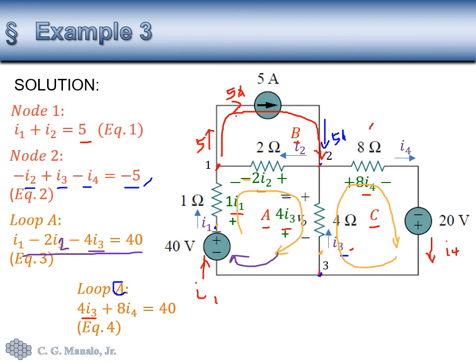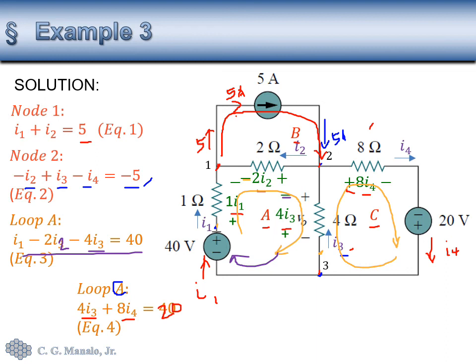Next we go to 8 ohms, we encounter the plus sign there, so we have 8I4, and then we encounter the negative sign of 20 volts, so minus 20, and then we transfer it to the other side, and we get 20. Now, we have 4 equations all in all, and that should be enough to solve the problem.